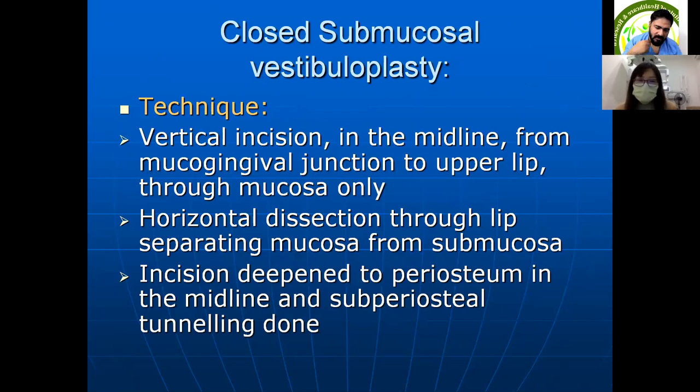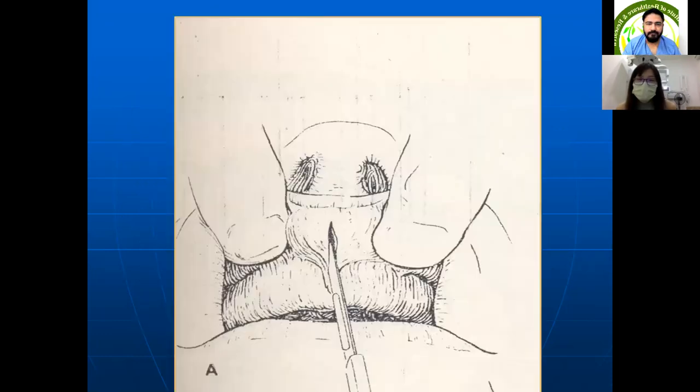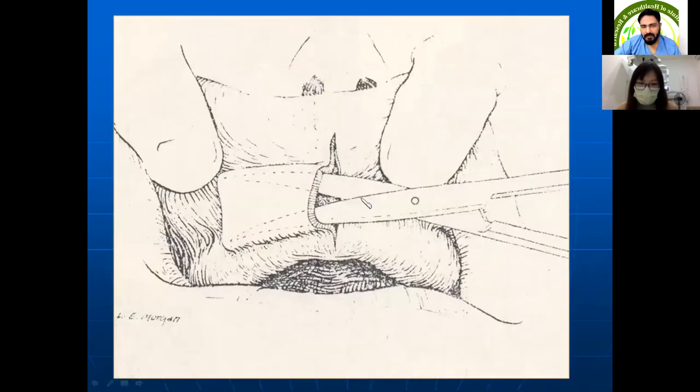So two incisions are given and then you go deep into the mucosa. Okay. Right, this is the first incision. Then go to both sides using tunneling and dissection.